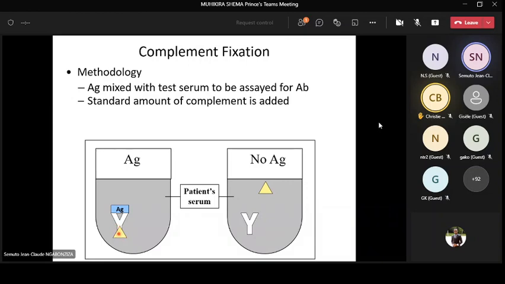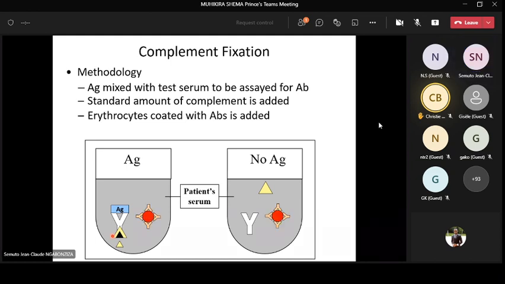So by fixing this complement, no complement will be free in here. So by adding the red blood cells, erythrocytes coated with antibodies, this is also a complex. This is kind of antigen with antibodies.